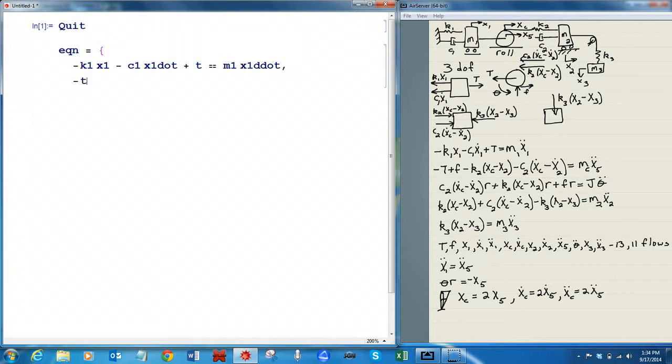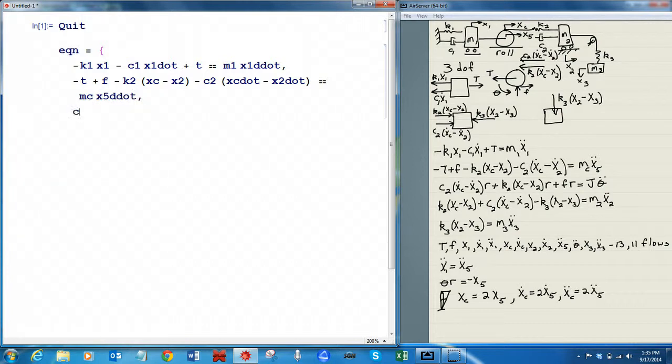Second equation is minus t plus f minus k2 times xc minus x2, minus c2 times xc dot minus x2 dot, 2 equal signs mass c times x5 double dot.